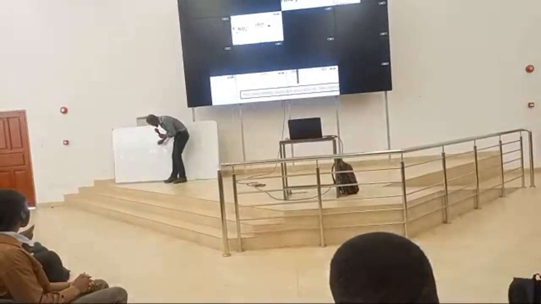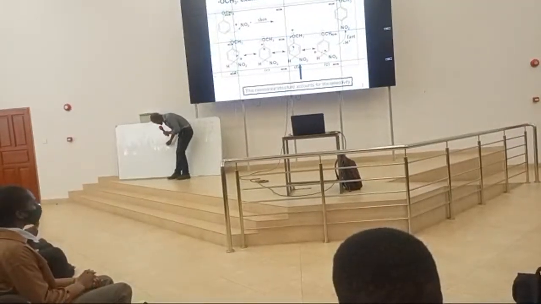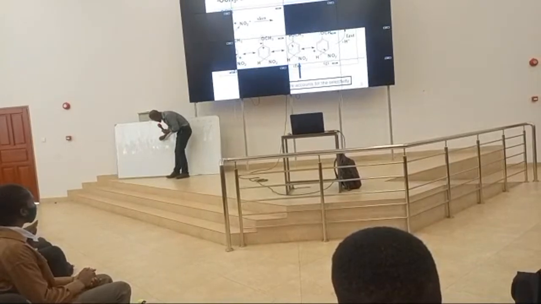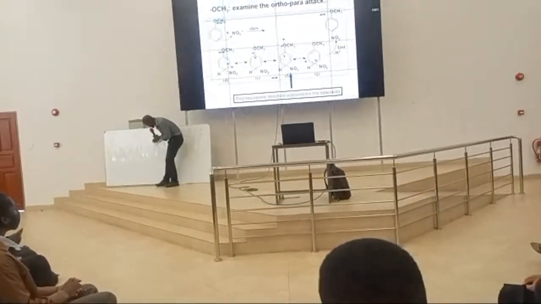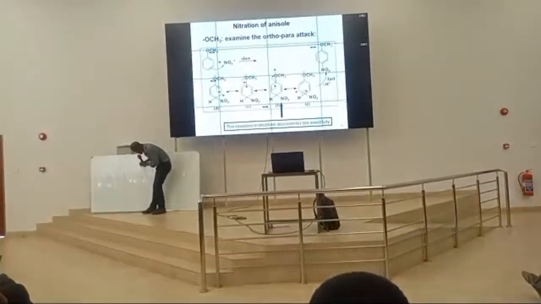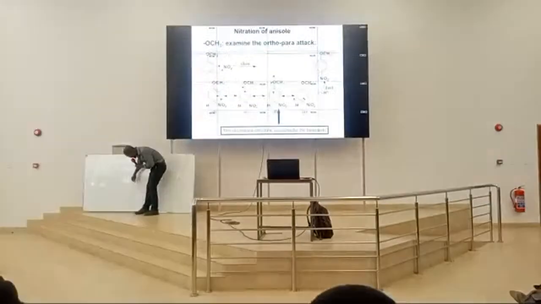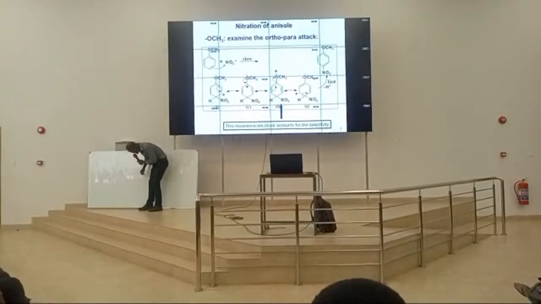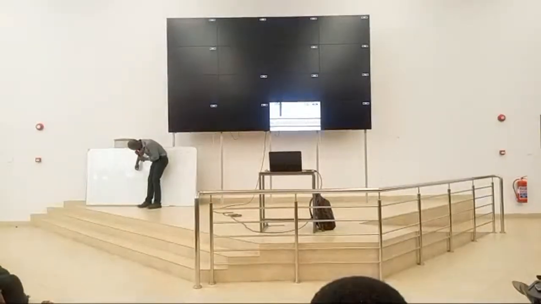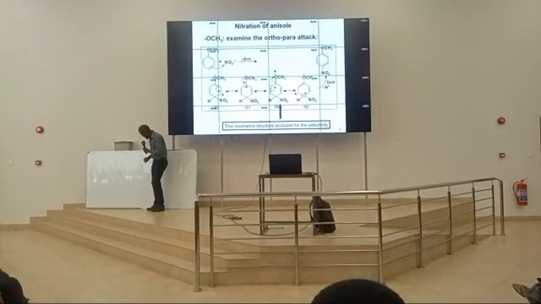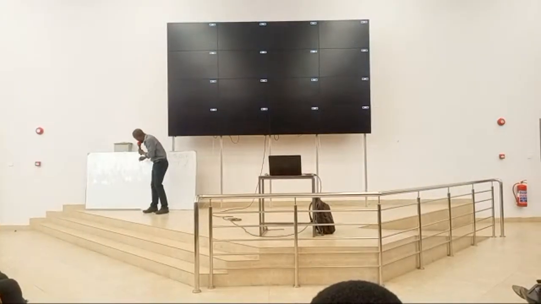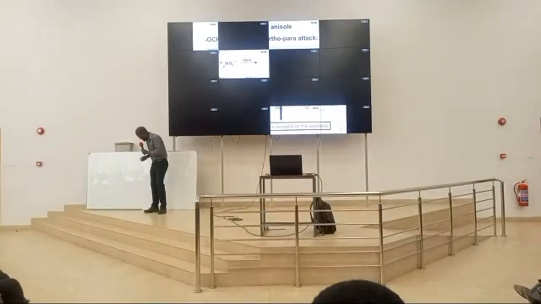And what we are going to have is a ring system that looks like this. Oxygen, and then a methyl. And then some lone pairs of electrons, and then a double bond there, and another double bond there. Okay, and then a positive charge on the oxygen atom.